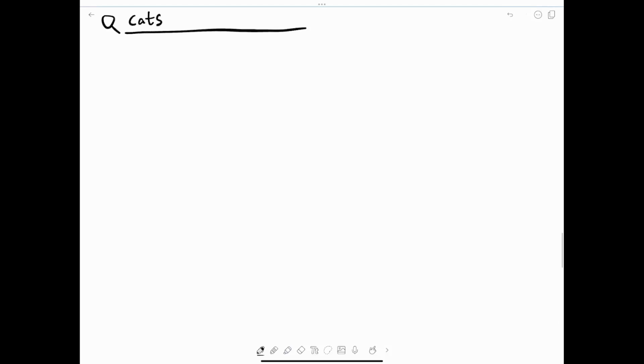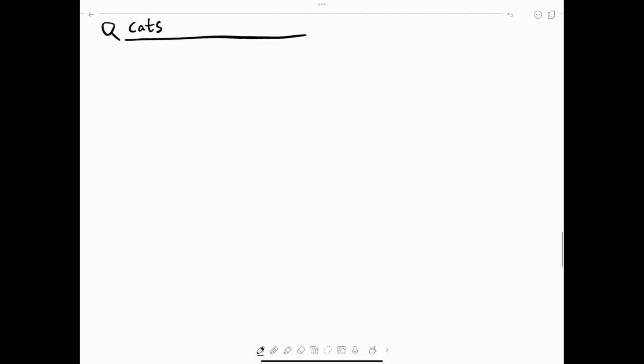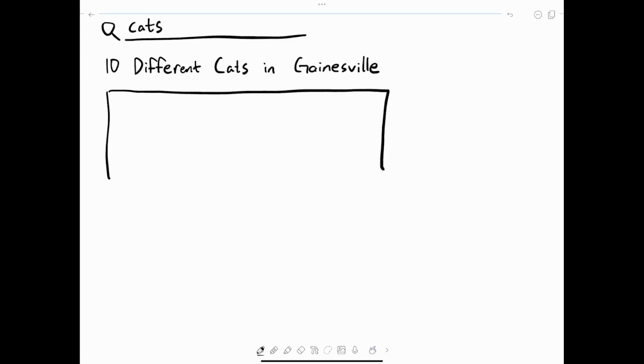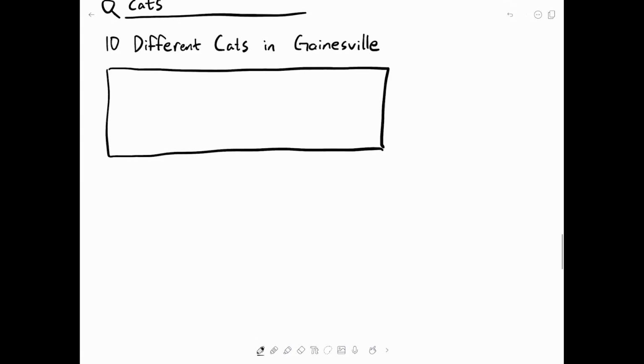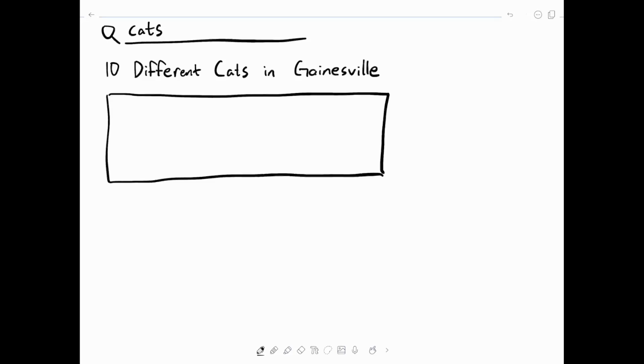And there might be a picture, there might be an article that talks about 10 different cats in Gainesville. And this is the title of the web page. And there might also be a large body of text in the web page, like the description of everything in the page, or a lot more text within the page, whereas this is the title.